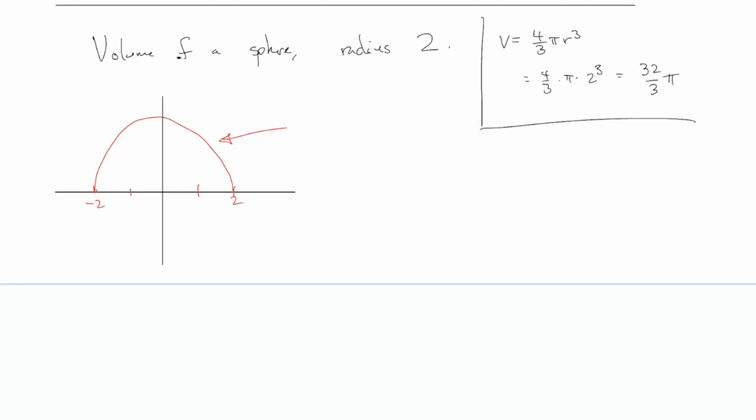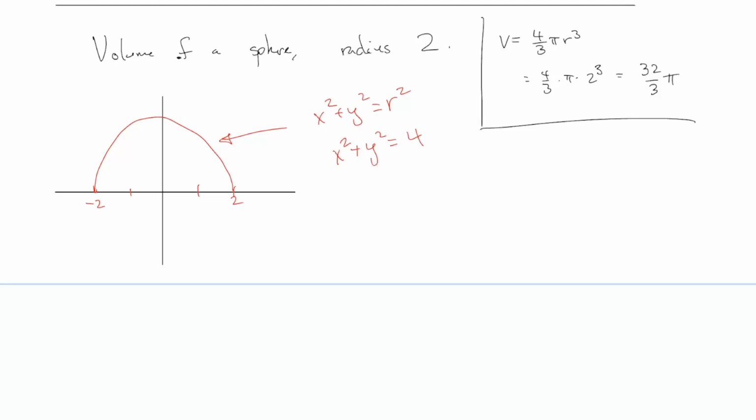Yeah, it's x squared plus y squared equals r squared, so I'm going to write that as r squared. R is 2 in this case. That's the basic format for a circle centered at the origin with a particular radius. Now, the radius is 2, right? So in our case, r squared would be 4 because r is 2.